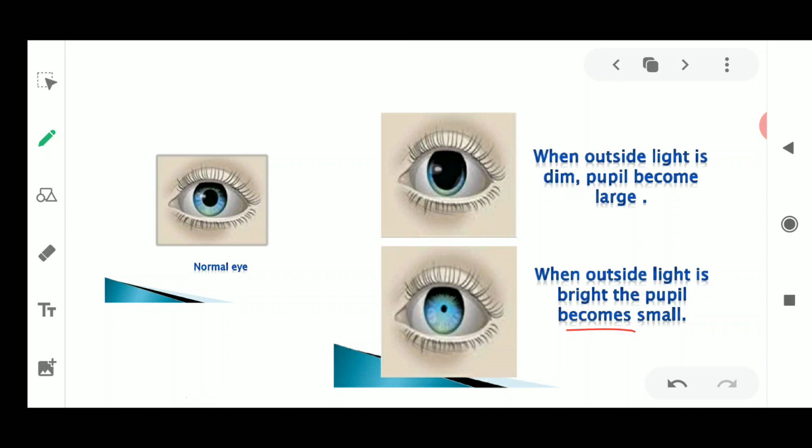Now when you enter the room, the light is not sufficient and you are not able to see clearly, you feel dark. Sometimes you are not able to see at all. It takes time for the pupil to become large, because now the light is dimmer inside the room. That is why you're not able to see clearly at once when you enter from different intensities of light.